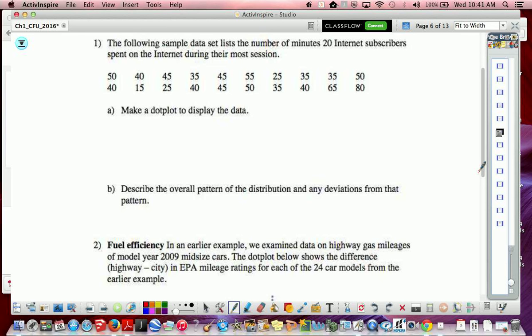So when I'm doing a dot plot again, we're going to have a number line. In our case here, a number line represents minutes online. So that's basically our title because we're just dealing with that as our one piece. We try to make it pretty simple, multiples of 5 minutes.